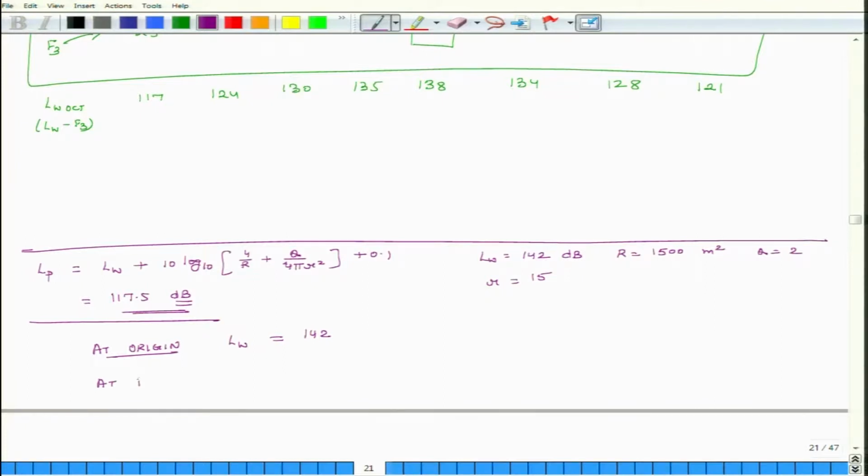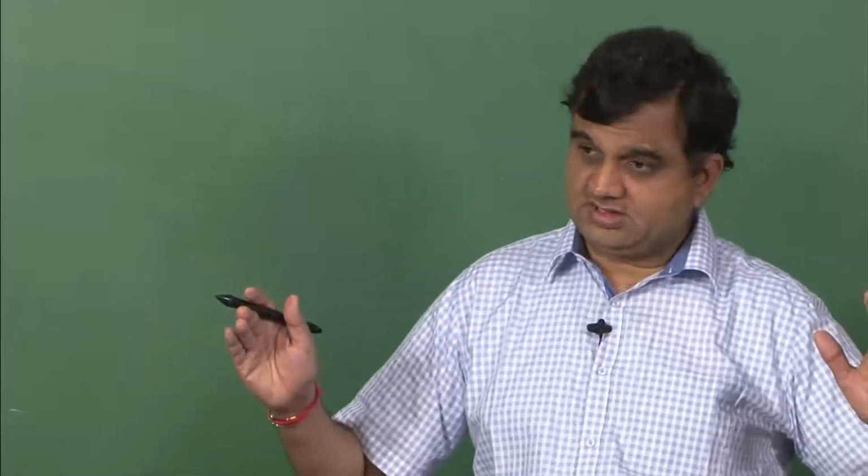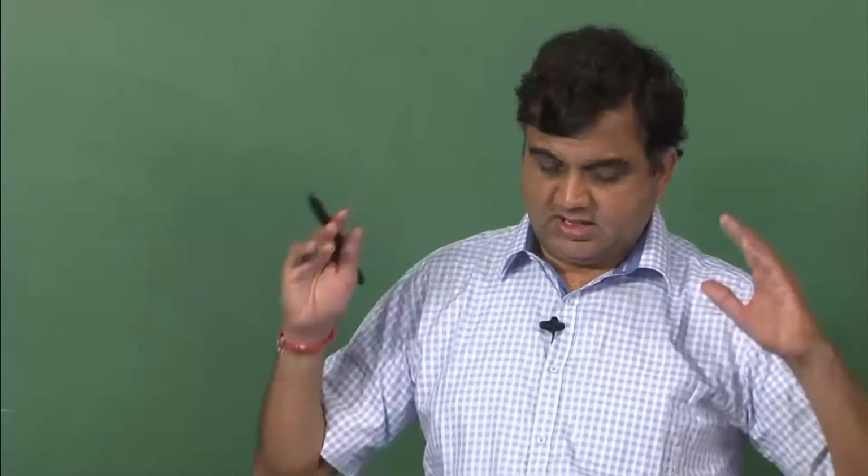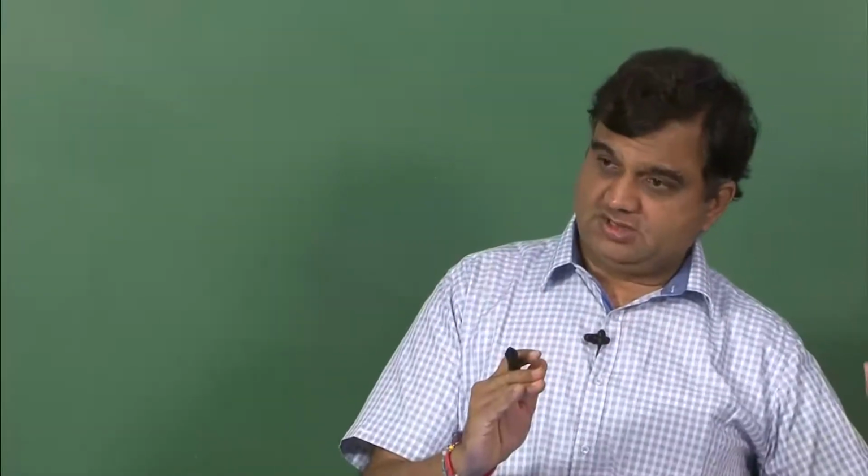And at point P, the sound pressure level is 117.5 decibels, which means there is a change of 24.5 decibels. There is a drop of 24.5 decibels. So, the point I am trying to make is that if the sound power level is 142 decibels, the sound pressure level will be 117 decibels.